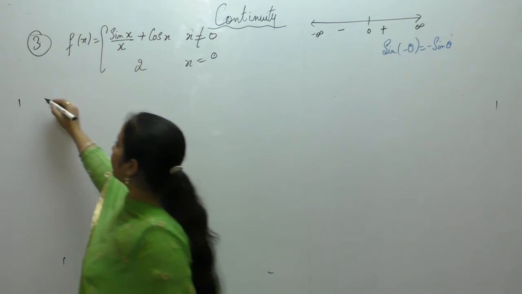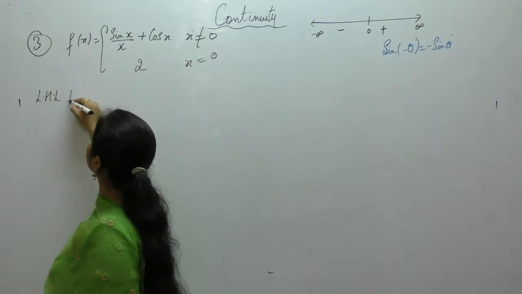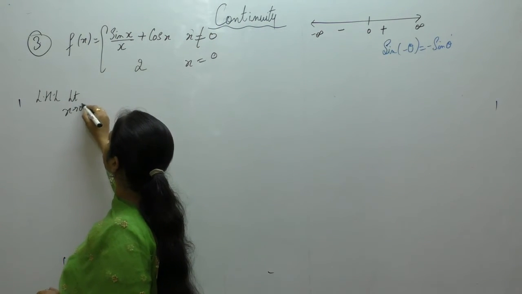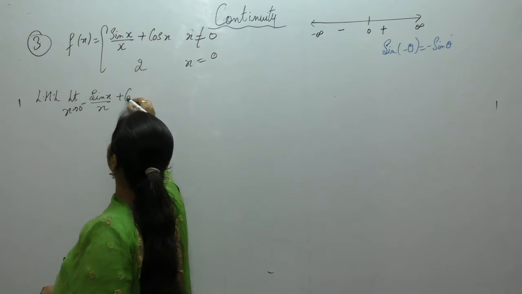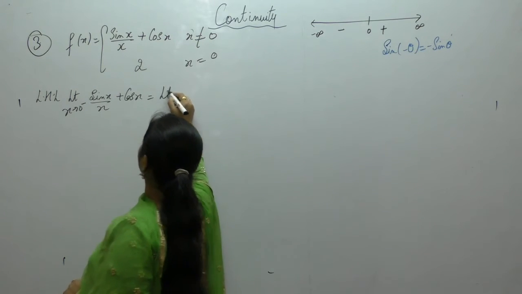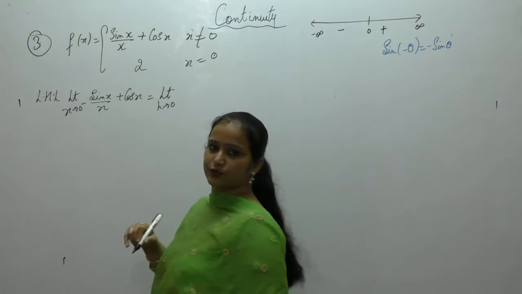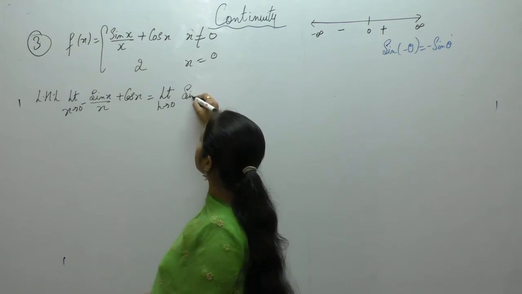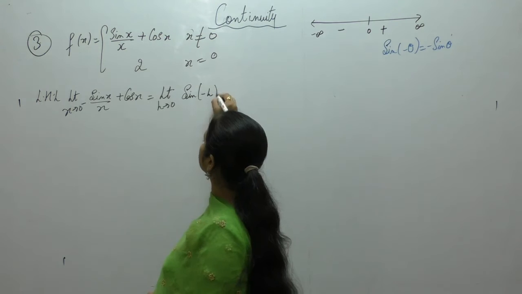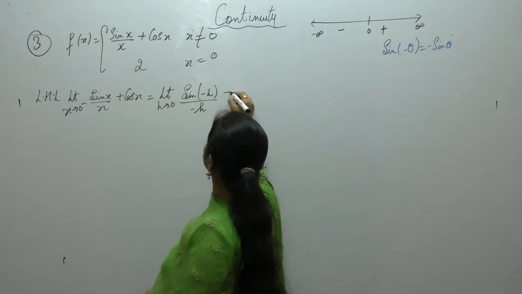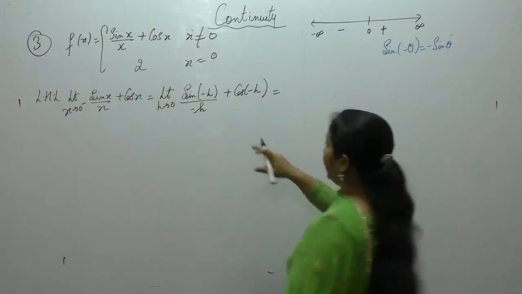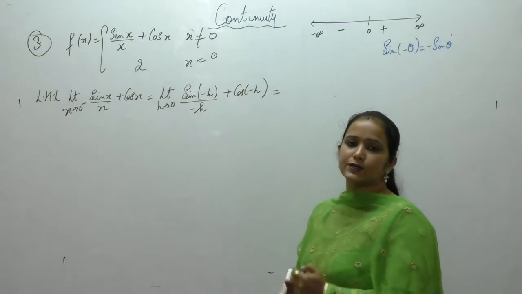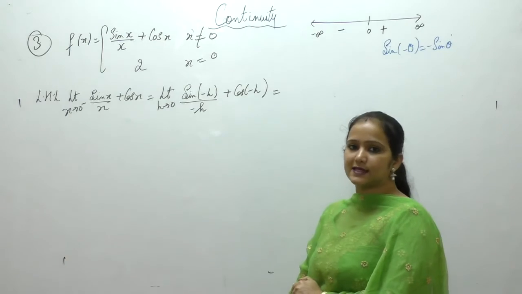So first we will have to find the left hand limit. Limit x tends to 0 negative, sin x upon x plus cos of x. We can write it as limit h tends to 0, sin of 0 minus h upon minus h plus cos of minus h. Now we know that limit x tends to 0 sin x upon x is 1.